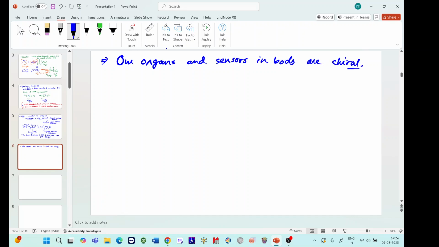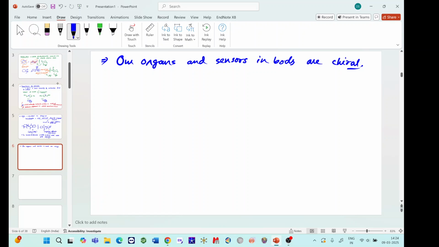Many of the cells, most of the cells, and the processes going on inside our body are all based on this host-guest mechanism. So these are also related to chirality. Some particular enantiomer will be reacting, some particular enantiomer will not be reacting, or it will react in an adverse way. So we should be very careful about this.